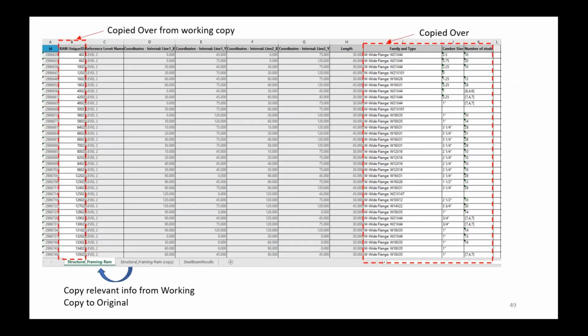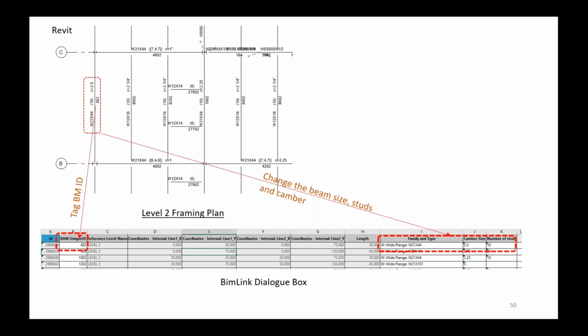So my next step here is to copy the information from the working worksheet and paste it to the original worksheet from beam link. Next slide, please. So I'm going to go ahead and import it back to BIM link, and the information is pushed back to Revit.